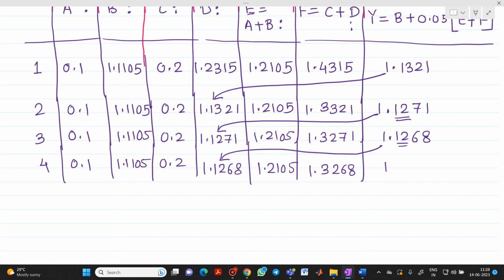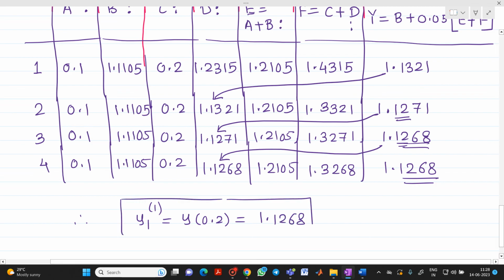At the end, you will get the value of y1 of 1, which will be 1.1268, so up to 4 decimal places. So y1 of 1 equals y of 0.2, equal to 1.1268. This is your value of y of 0.2 by using modified Euler's method.